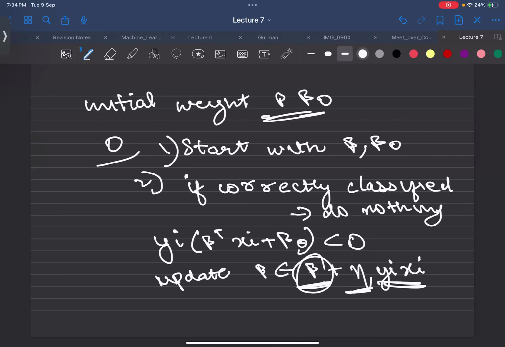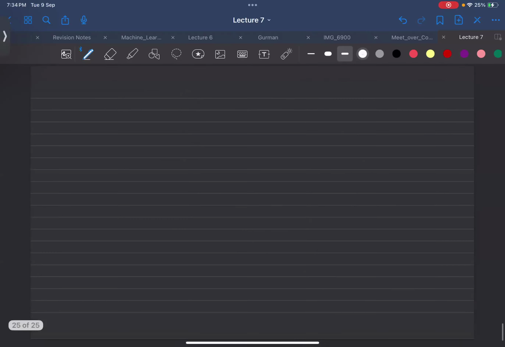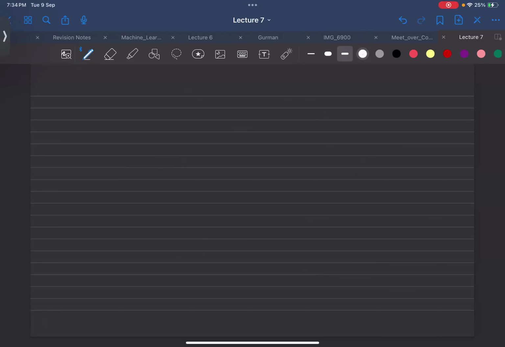Fine. Yashwant, is it clear? What is the starting point? Not x1, x2, but the starting point is this beta. These weights. Usually when we do programming also, we take it initially as 0 or random, and then we keep updating beta and beta naught so that we get the optimal weights.